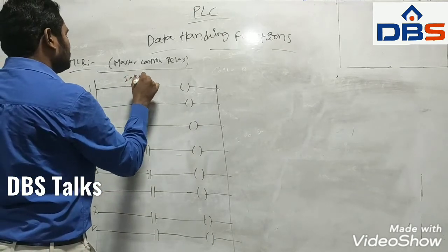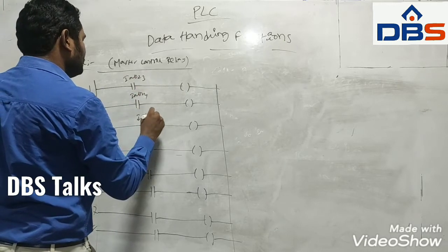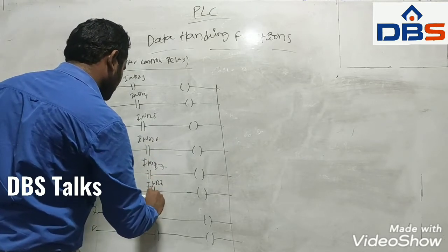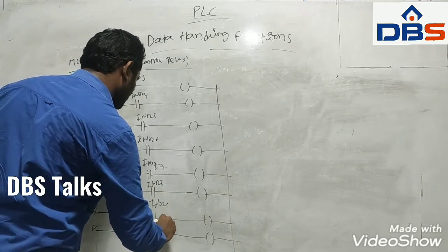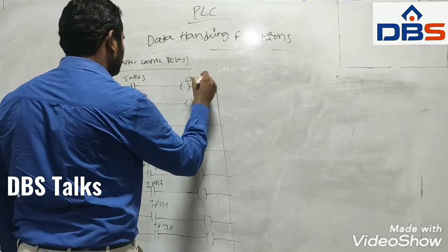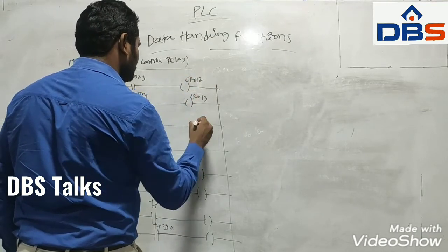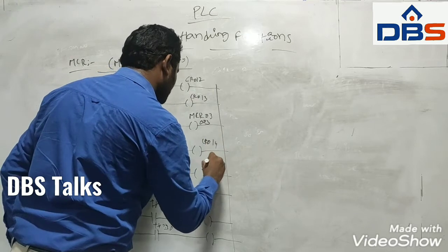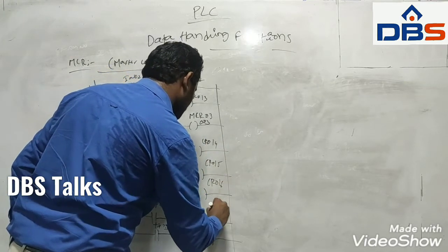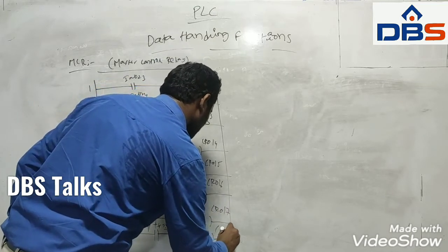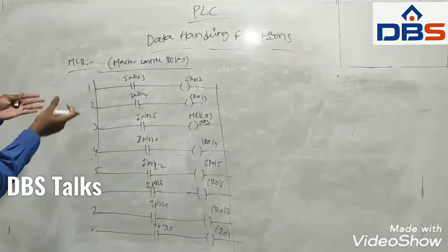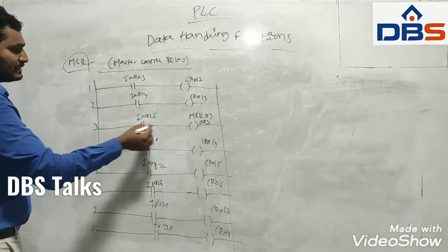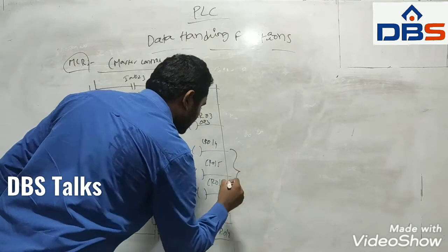Here I am writing IN023, IN024. These are the inputs. This is the 8-line program for the MCR function, and in the third line I am including the MCR function. That means the next 3 lines are in the off position.